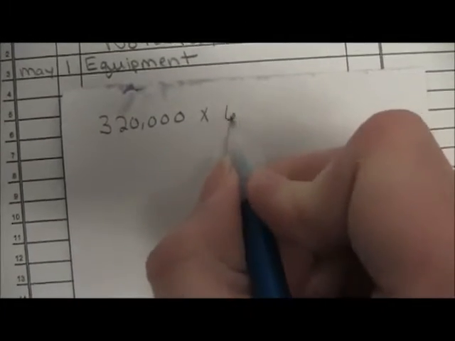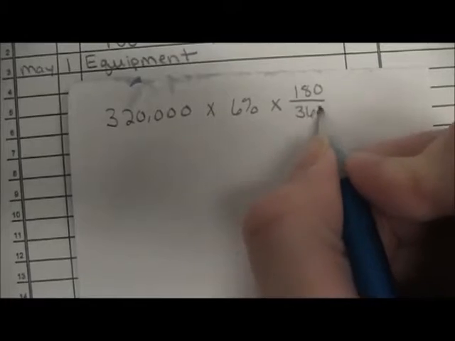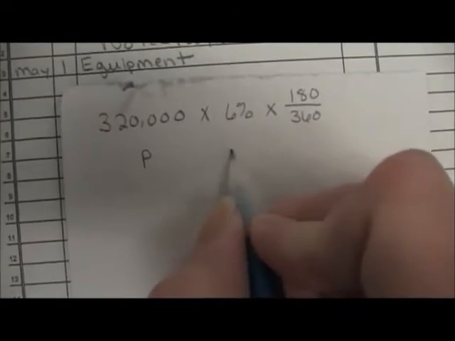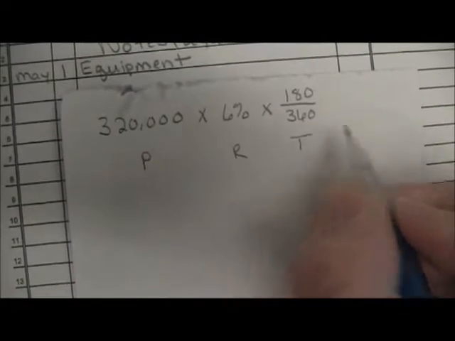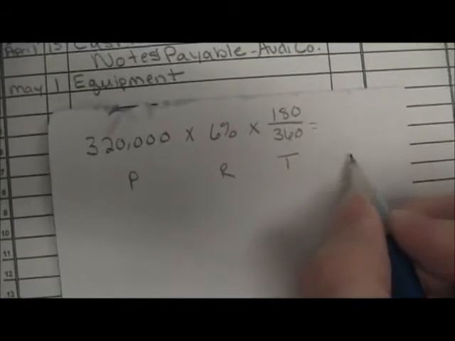We're going to take the $320,000 and multiply that by 6% and also by 180 divided by 360. Whenever we're trying to figure out interest, we're always going to use principal times rate times time. Okay, PRT. And this is going to give us our interest.